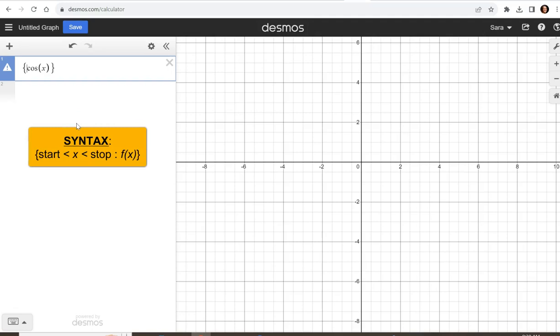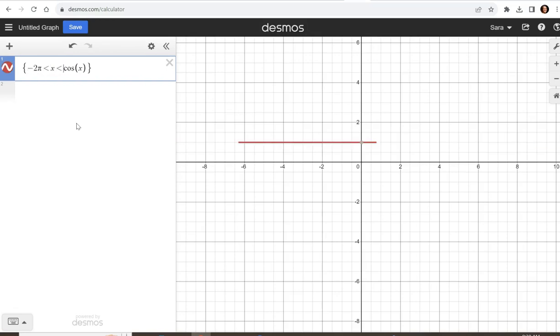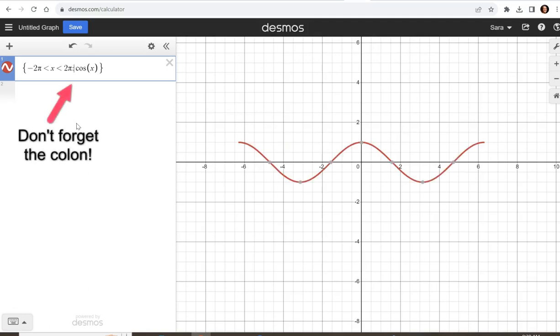So what I want to see is x values that are in between -2 pi and positive 2 pi. And the function I want to see is the cosine of x function. So again, the syntax here is I need these braces surrounding everything I want graphed.